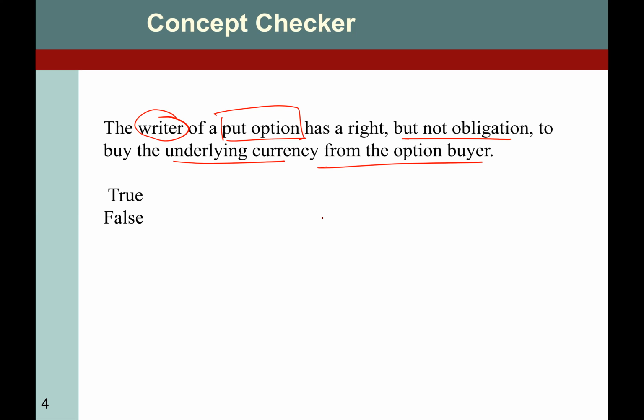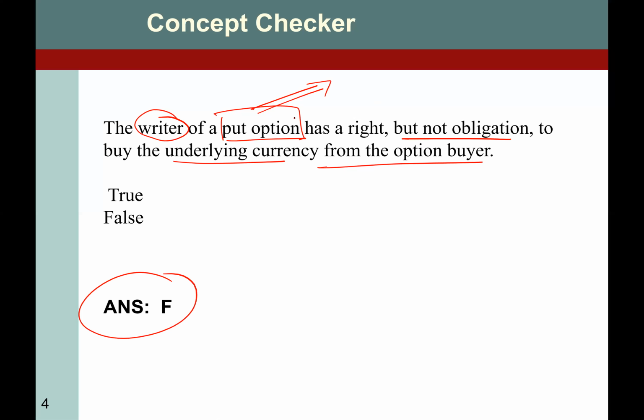Right? So writer means basically writing or purchasing the call option, right? Yeah, I did not understand this writer thing. So the writer is the seller. No, the person who is writing the option, who is writing, which means who is purchasing the option. Okay.